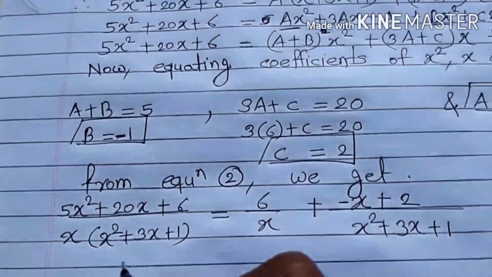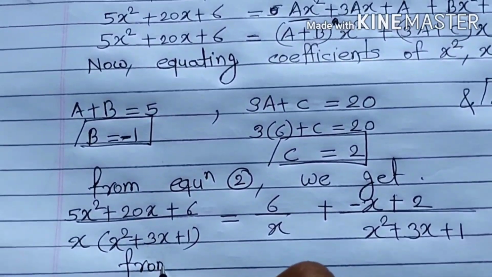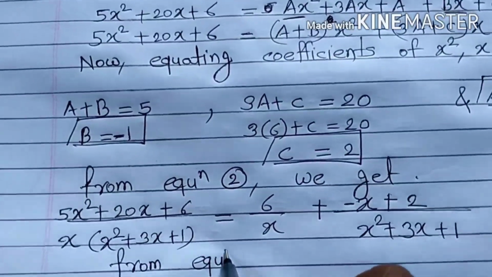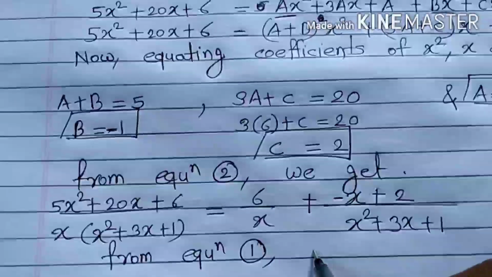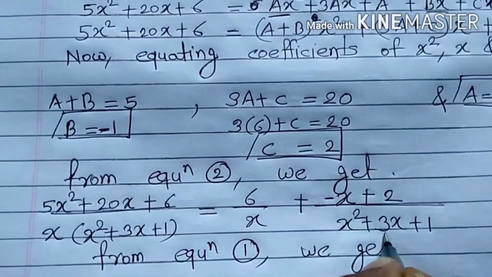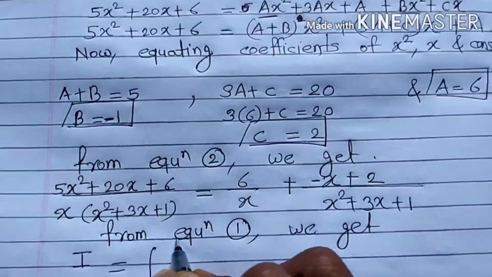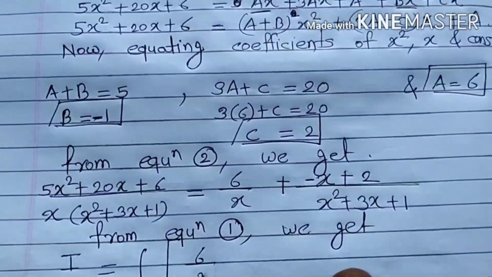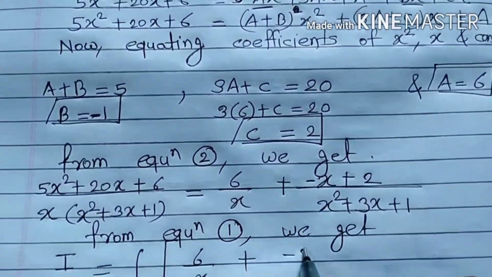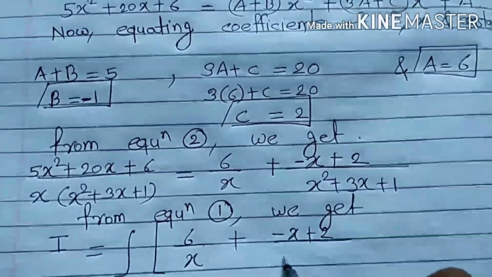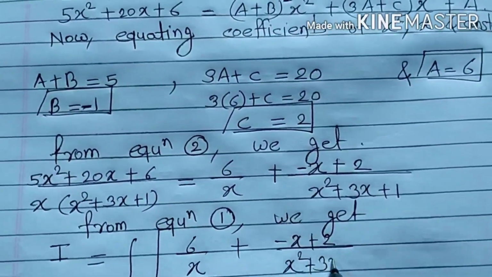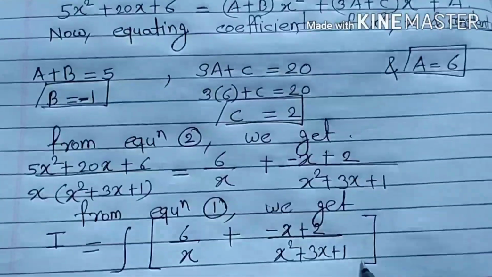Now from equation first, we get I is equal to integration of 6 upon x plus (minus x plus 2) upon (x square plus 3x plus 1) into dx.